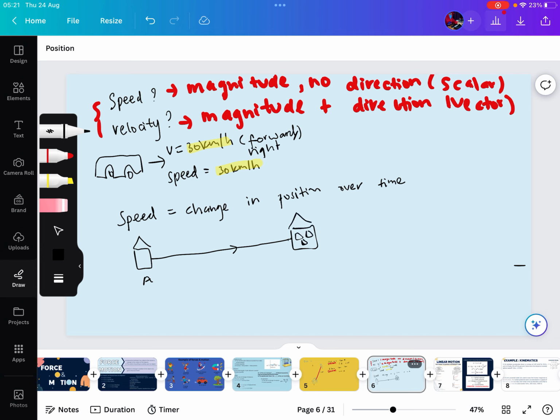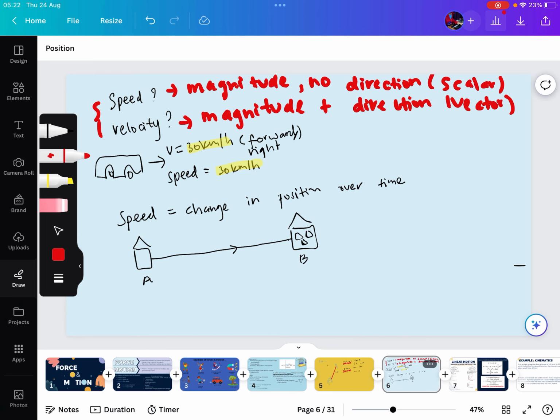When you change from A to B, you are moving, right? Of course, when you move, you have a certain velocity or speed. But what makes you move faster or slower is the time, t. How much time you take, t. That's what velocity is.